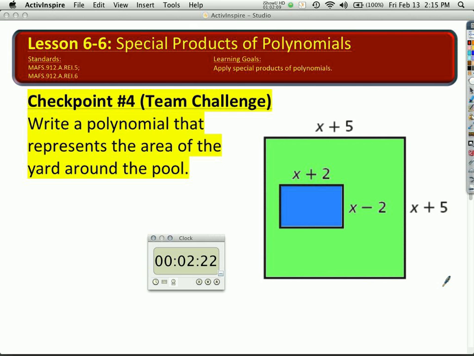Oh, wait, it's x squared plus. I was right when you said no, because I was thinking about the other one. See, I told you I had it right. Oh, that's x squared minus x squared. No, it says write a polynomial. It's solved. I know, I just wanted to stop wrong. Let me see this thing. That was so funny. Shoot.